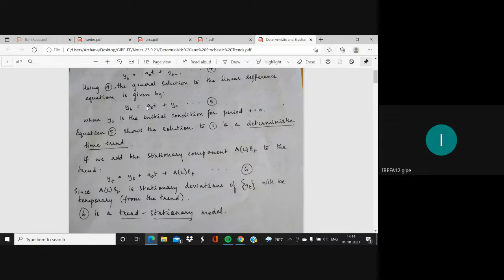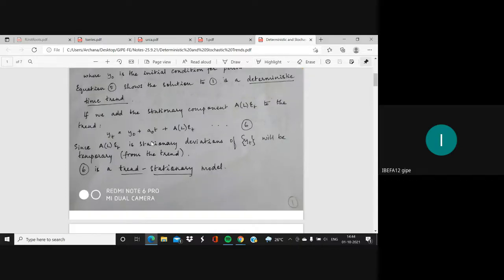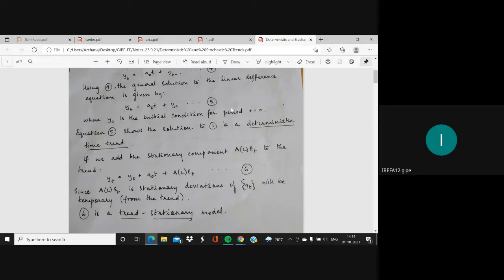Since a naught is some constant which you know, t will assume various values 1, 2, 3, 4, and so on based on the time period that you're considering. Now, if we add a stationary component in the form of the error terms to the trend, if you add a stationary component which has moving average error terms to equation 5, then this is what you'll get, equation 6.